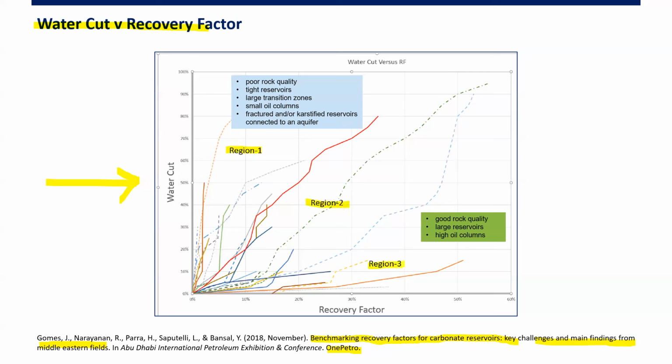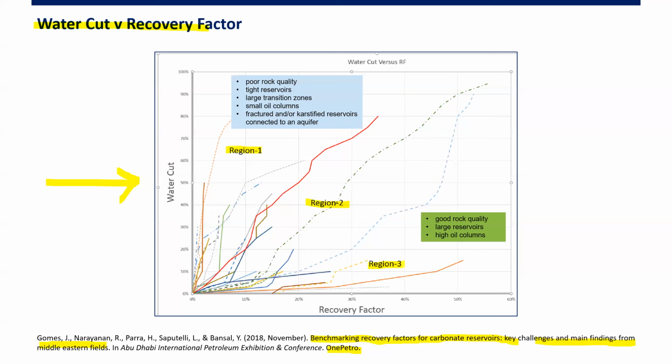Again, you can do it for reservoir level, block level, field level, cluster level, segment level, pattern, or compartment level, as long as you have the average water cut values with the associated recovery factor. So water cut at one time and recovery factor at that time. And you get water cut and recovery factor, and you can plot it like this.